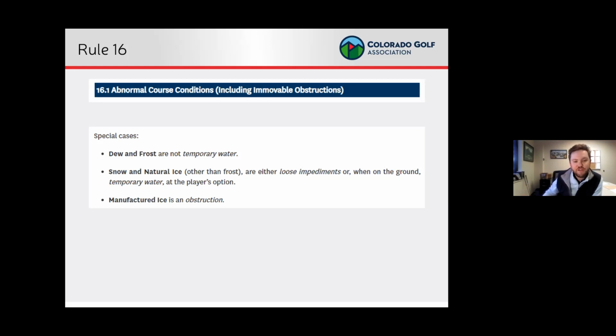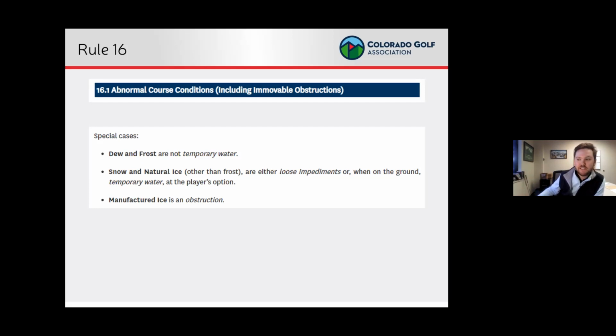And then the last one is manufactured ice, which is an obstruction. Remember, an obstruction is any artificial object, and more to the point, typically it's going to be a movable obstruction. What we see on that is someone got a Coke at the turn with a cup of ice, and they finished it, and then they've just thrown it out, and there's just this pile of scattered, very obvious manufactured ice. So in that regard, it would be a movable obstruction just based on the definition.